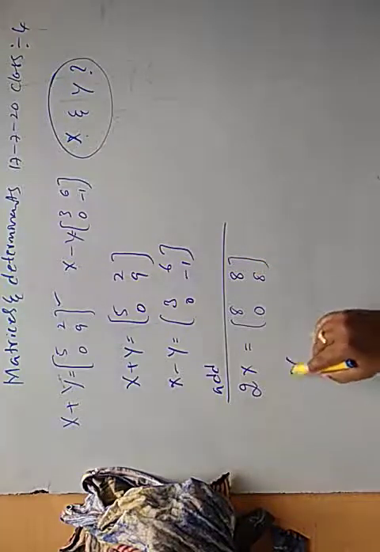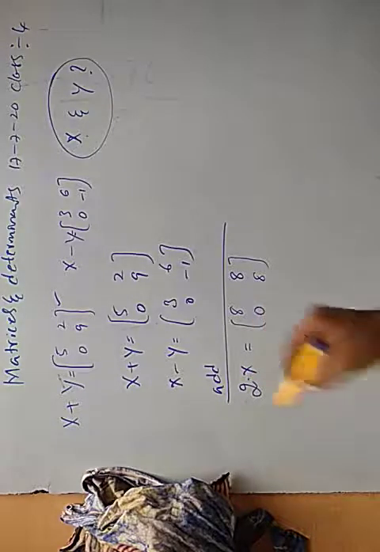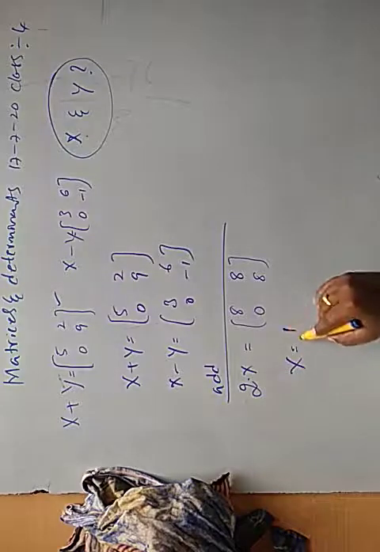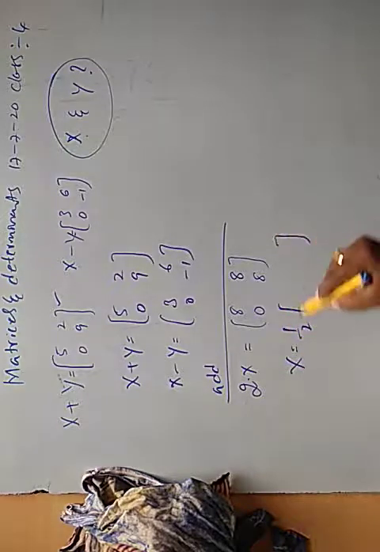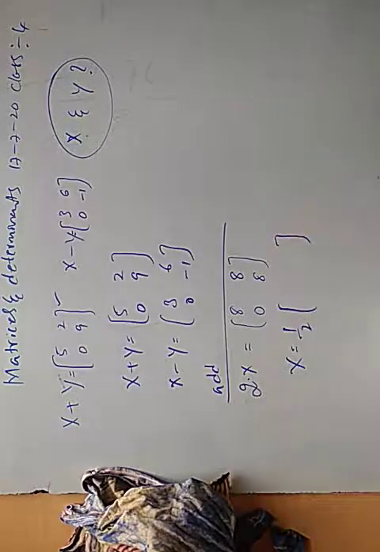So X is equal to, there is a possible mistake here. Listen carefully. This is a product. To bring it to the RHS, it should be divided by 2. 8, 8, 0, 8.